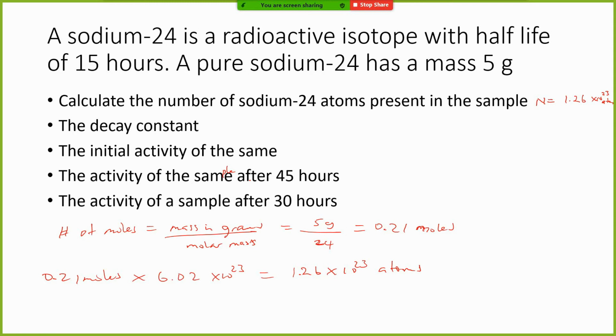How do you think we can go about finding the decay constant?